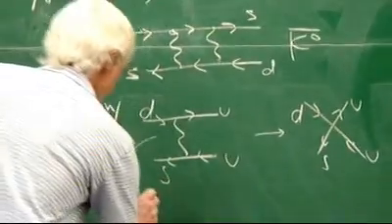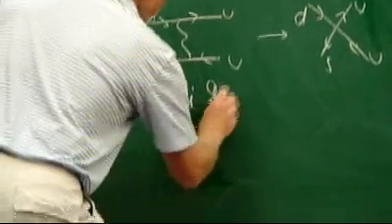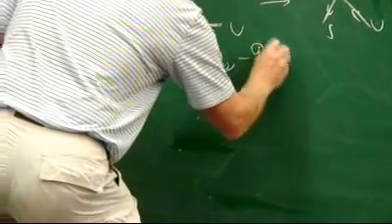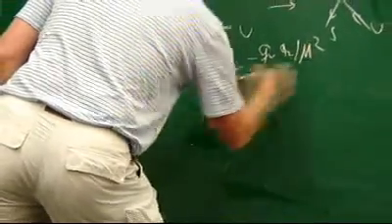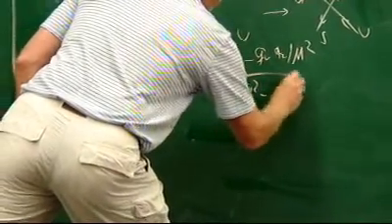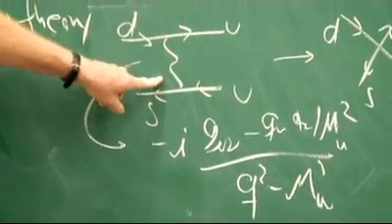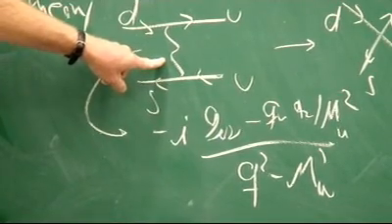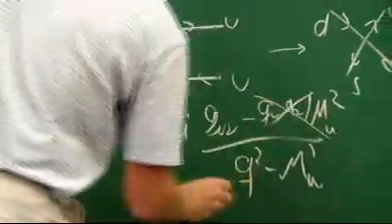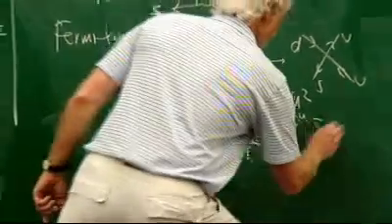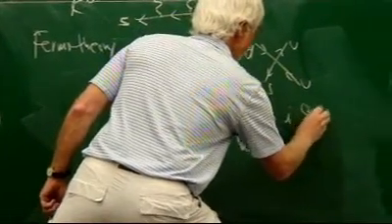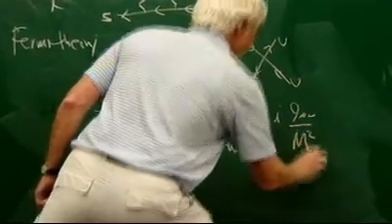What happened, of course, is that the propagator for the W, which is minus i, g mu nu minus q mu q nu over M squared, when the momentum going through that is very small compared to the mass of the W, can be completely neglected. So I can neglect that, and this whole thing is just i g mu nu over M squared.